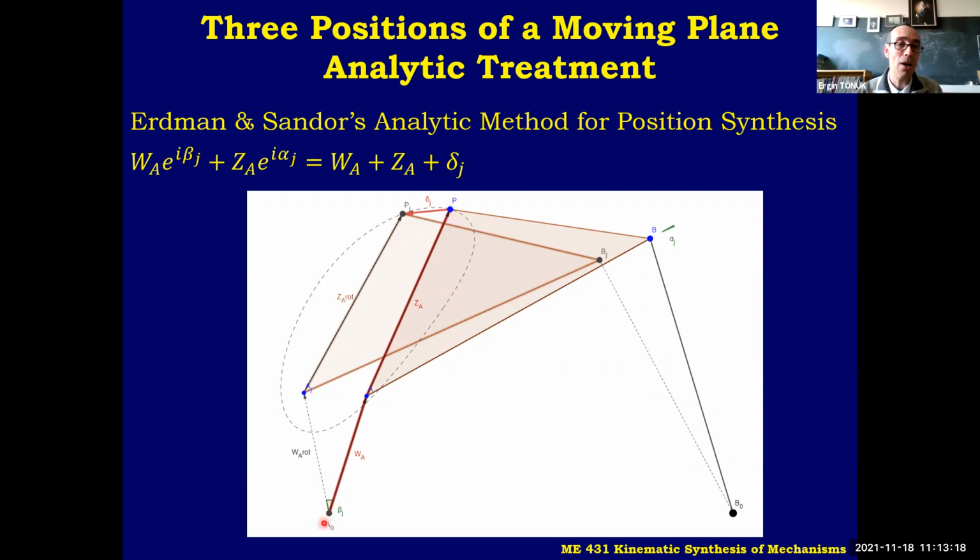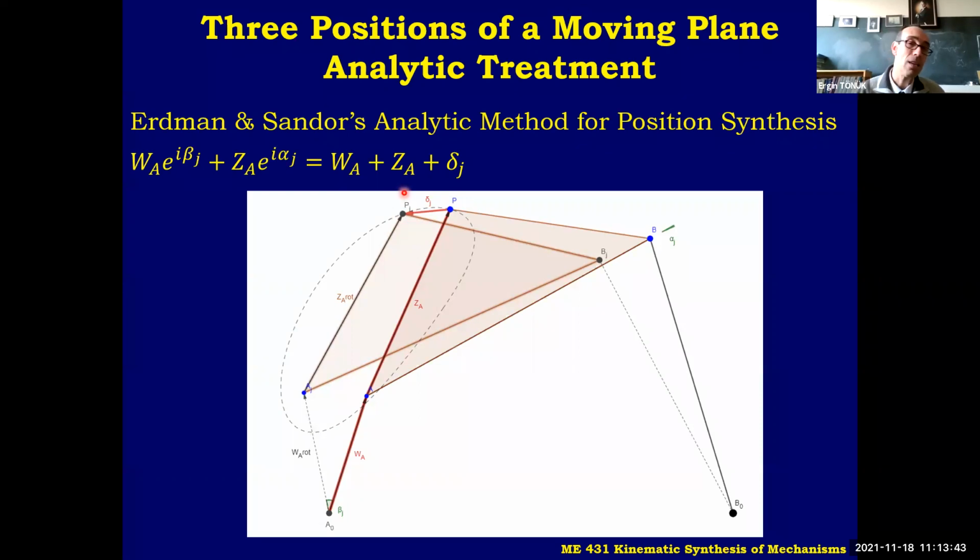So is this clear? So I'm going to have the crank plus a vector on the moving plane, and I reach point P. And in position J, it displaces to PJ. So this is the displacement vector. Well, if I sum all these three vectors, actually I'm at PJ.